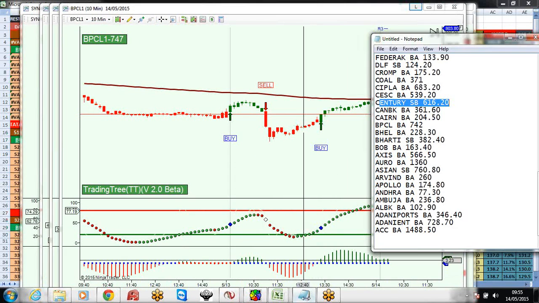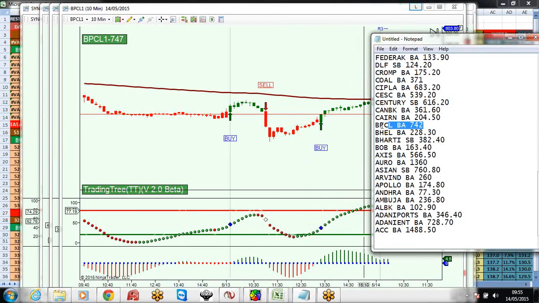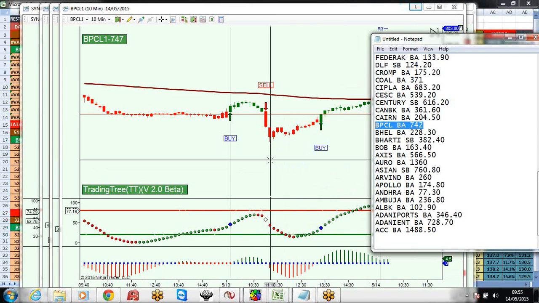BPCL, our entry for buy call was 742. Now it is at 747.